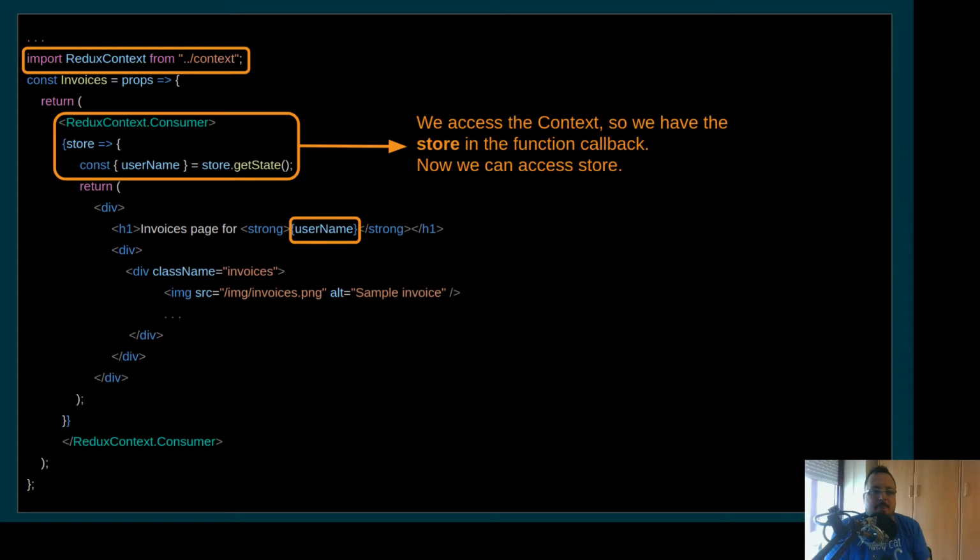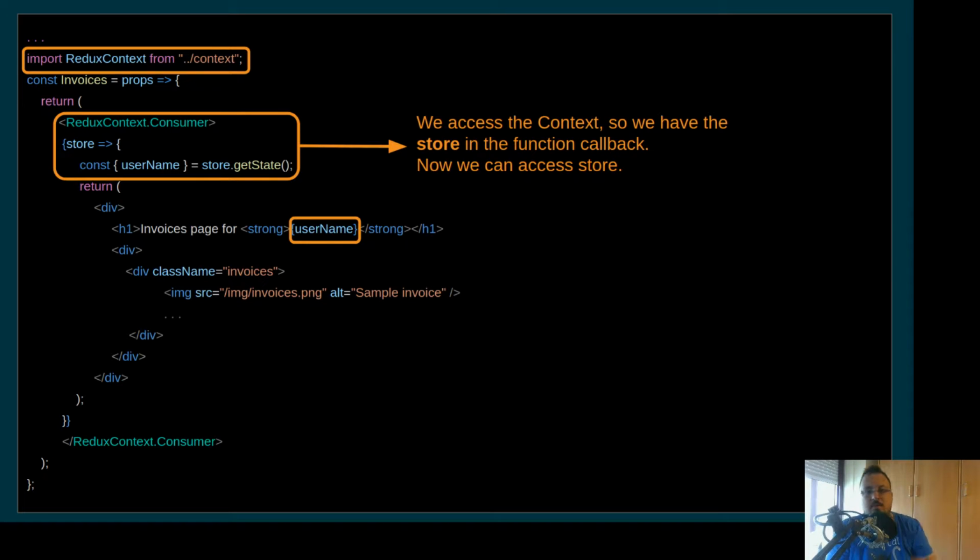But you see, we import the Redux context. We now are able to access it because we are wrapping our component. See, we have two returns. My functional component returns a Redux context consumer that has a function that receives the store, it accesses the store, and inside of it returns the React node.